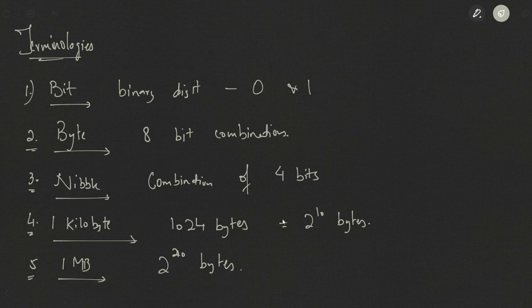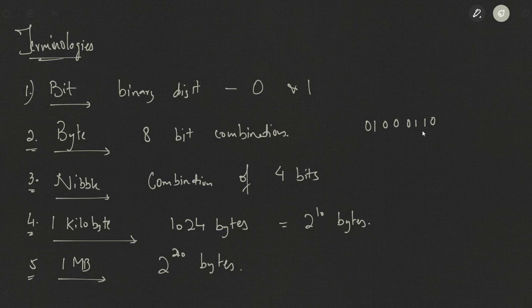You can have any combination ranging from 00000000 to 11111111, from eight zeros to eight ones. You can have a number of combinations, but all of those combinations will represent only one byte.